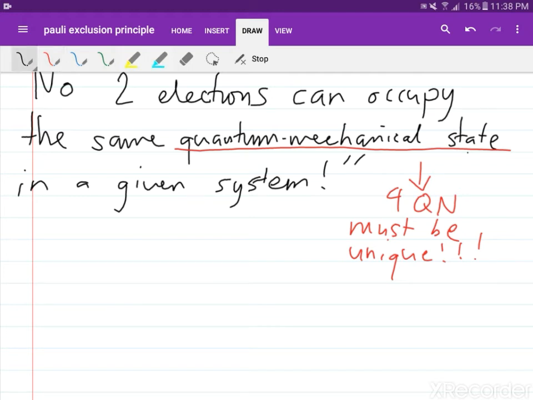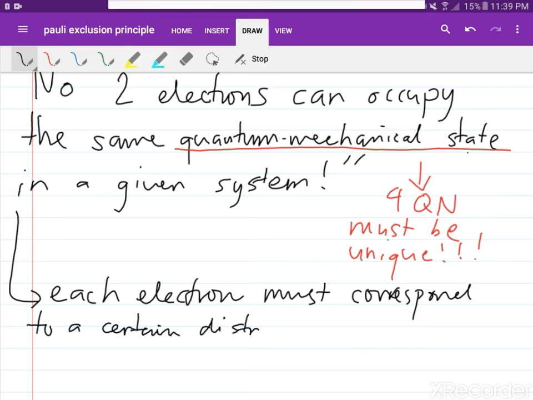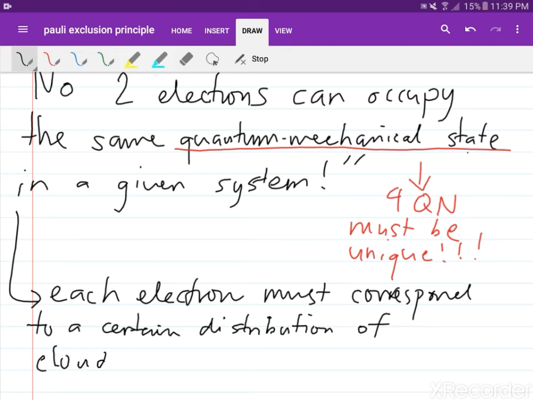Another way to say this is that each electron must correspond to a certain distribution of probability cloud in space.